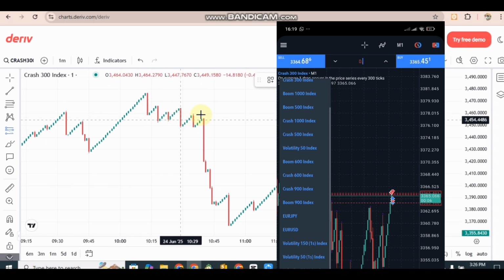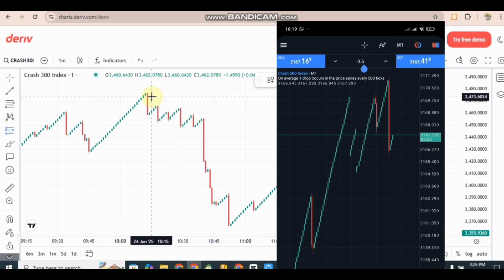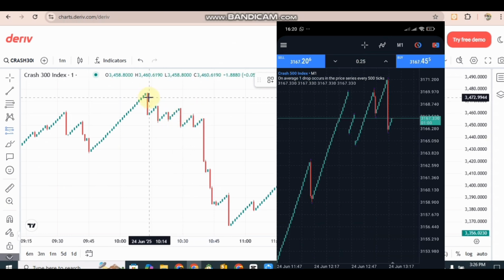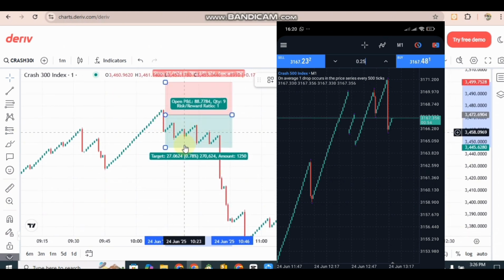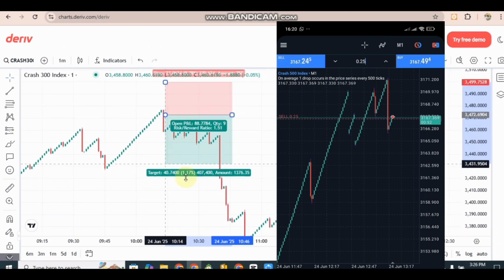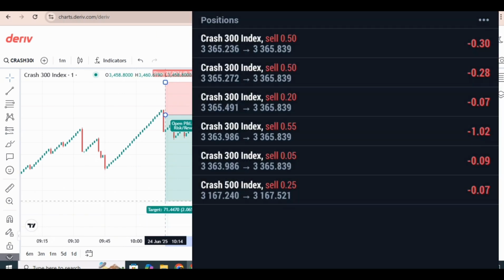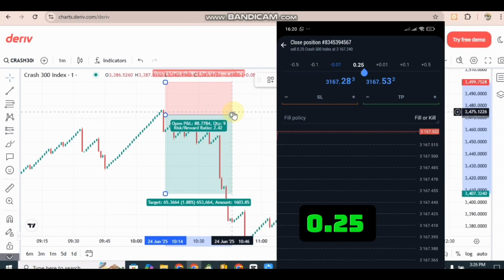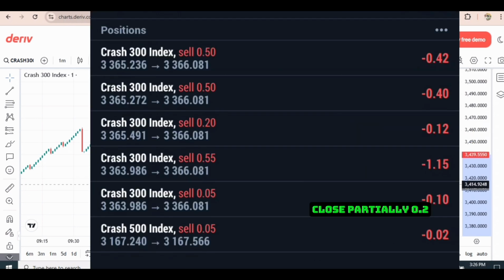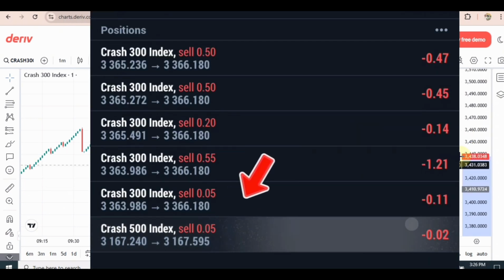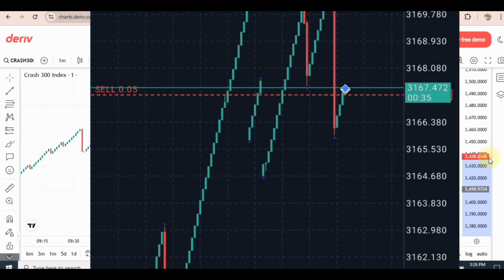What you are supposed to do is very simple. Take your original smallest lot size plus the smallest lot size you want. Let's say now this is Crash 500. You want a lot size of 0.05. You take 0.2, which is the smallest lot size for Crash 500, plus 0.05. So it becomes 0.25.